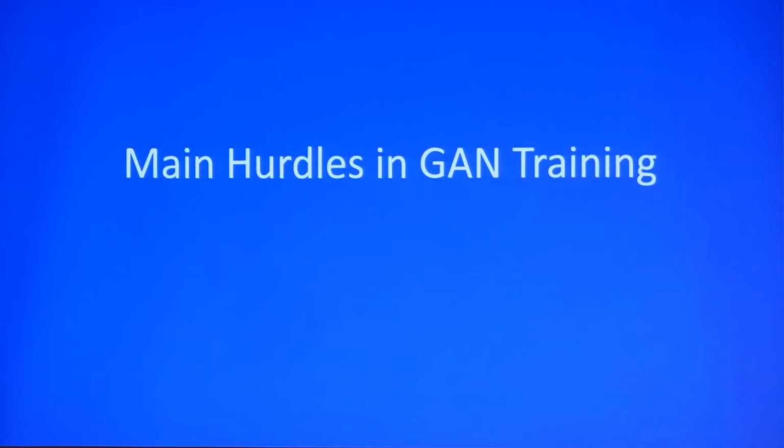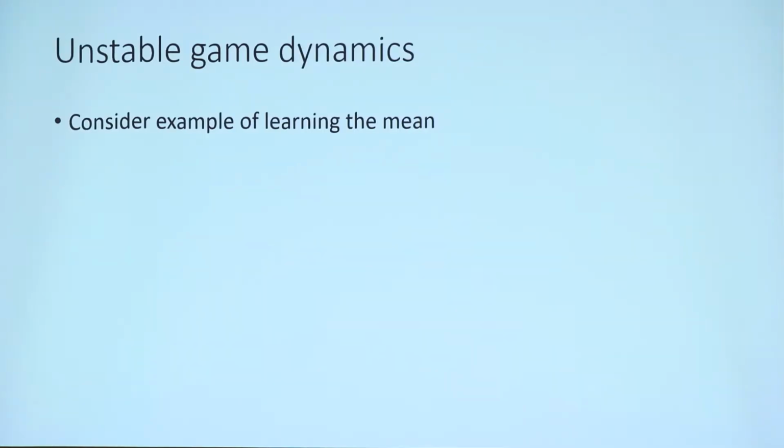Okay, so what are the two main problems that maybe people in this audience might have ideas of how to tackle? So the first problem relates to unstable game dynamics. Look at the very simple example that we had in the introduction of learning the mean of a distribution, and even ignore the sampling error that comes from data.